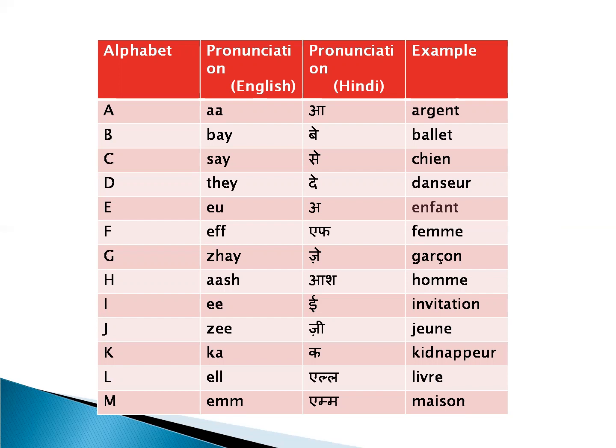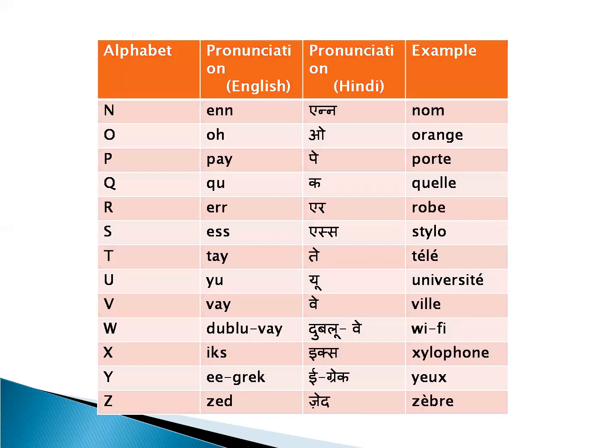Très bien. M, maison. Maison means a house, right? N, gnome. O, orange. P, port. Port means gate. Okay.